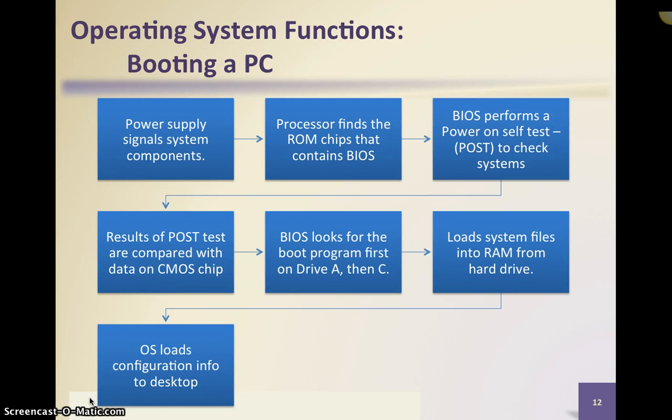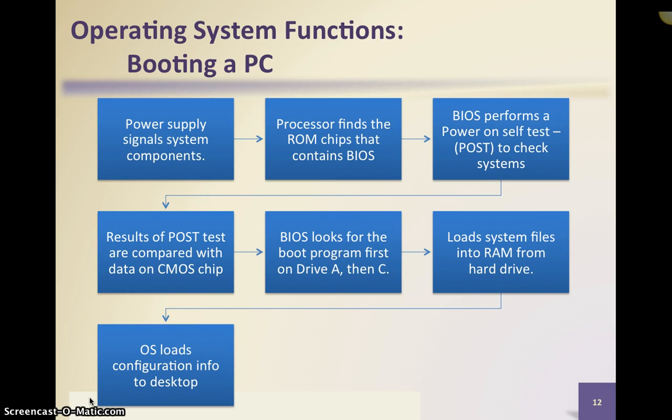Once it completes that check, it takes the results of that system check and compares it to data on the CMOS chip. CMOS stands for Complementary Metal Oxide Semiconductor, and the CMOS chip contains information about the status and the settings of the computer when it was last shut off.